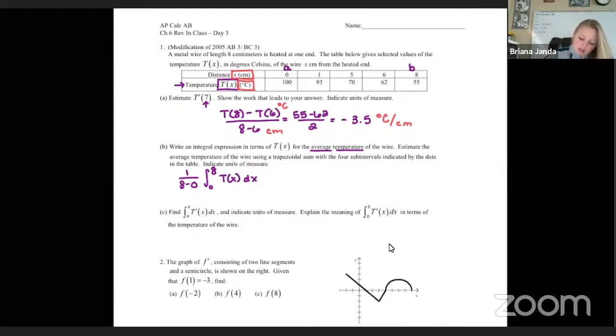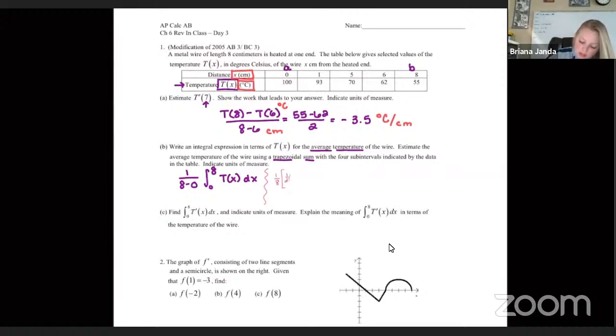Estimating that using a trapezoidal sum would look like the following. So we've got that 1/8 from the average part of it, and then for the trapezoidal sum, each of our trapezoids has to be separate because the heights are all different.